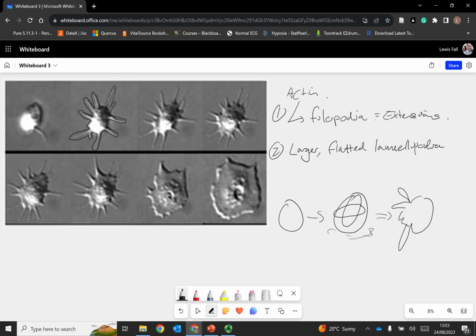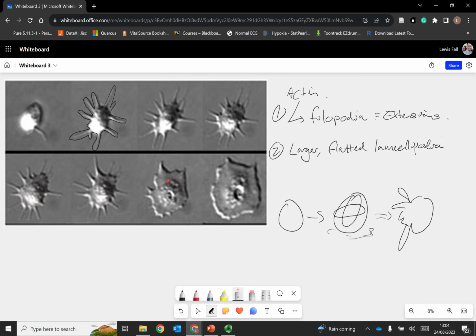And what you can see, if you examine it stage by stage, is that as that's happening, all of the granules in the platelet are getting pushed to the center.